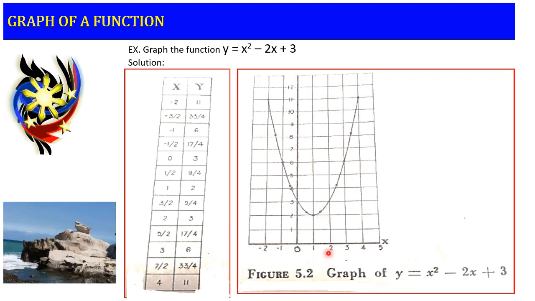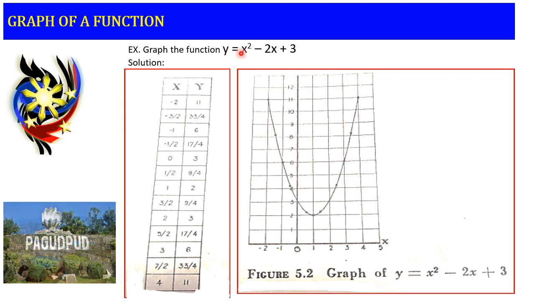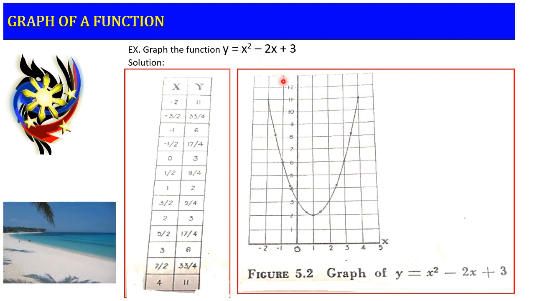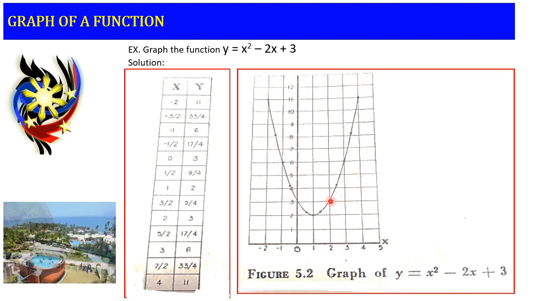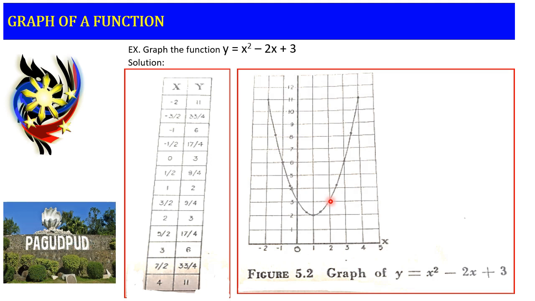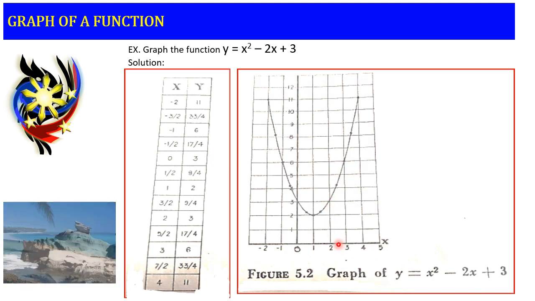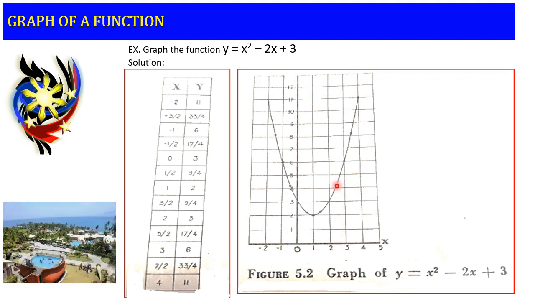Tapos kapag 2 naman daw po, ipapasok mo dito yung 2, edi 4 minus 4, edi 3. Yun daw po ang sabi, 2, 3. Tapos, 2 and a half or 5 over 2, 17 over 4. Ayan.